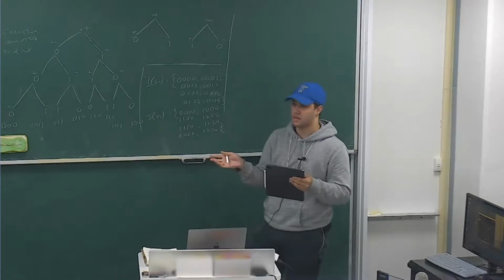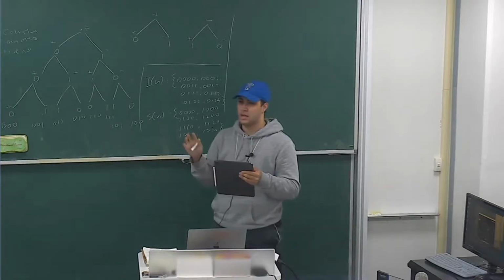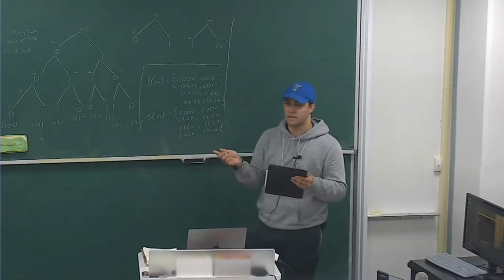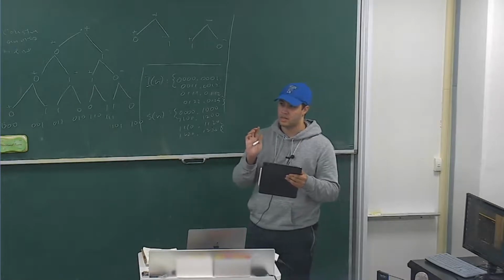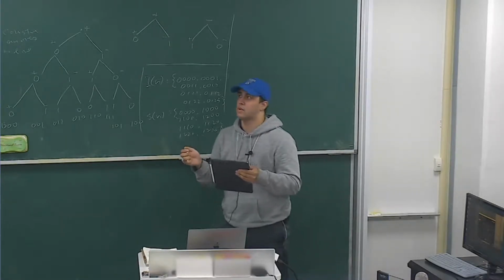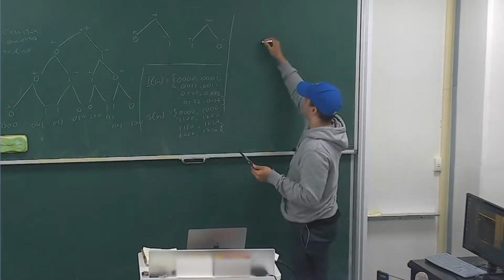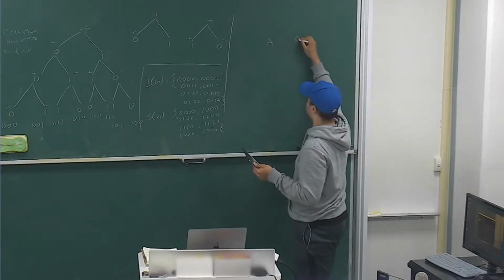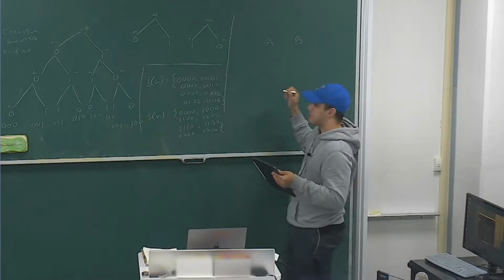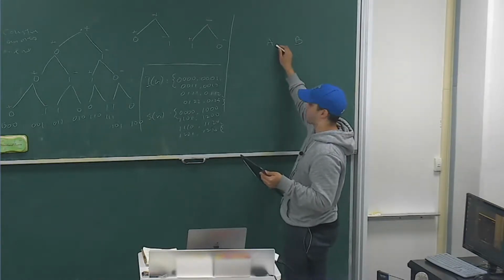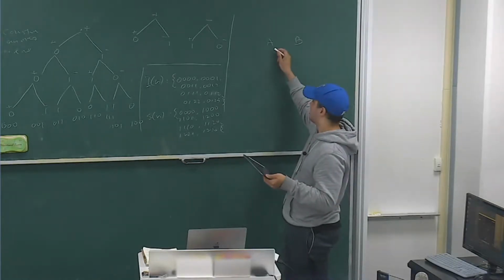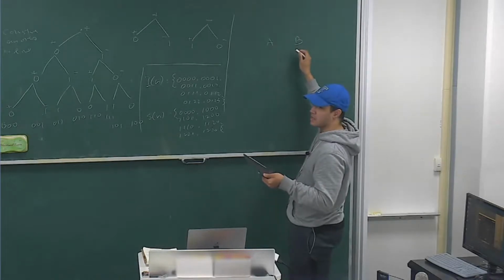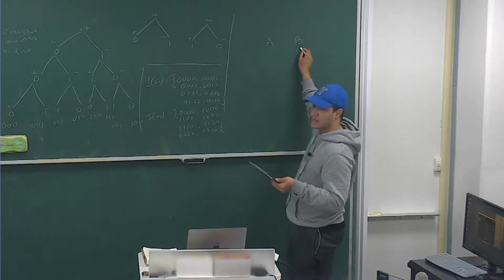Ballot sequences came up around 1878, where a question was posed: if you have a candidate A and a candidate B in an election, what is the probability that throughout the vote counting, candidate A is always winning over candidate B?